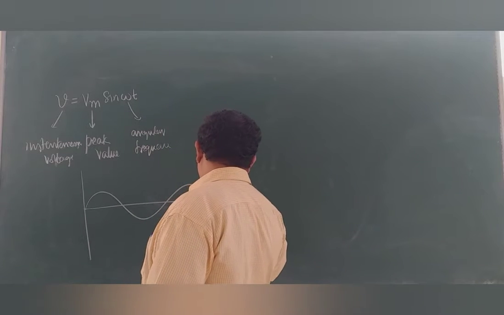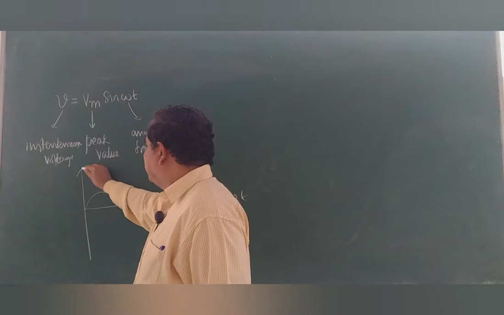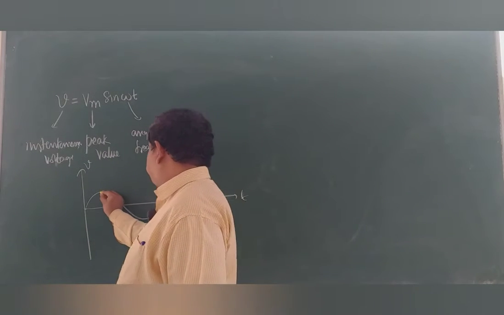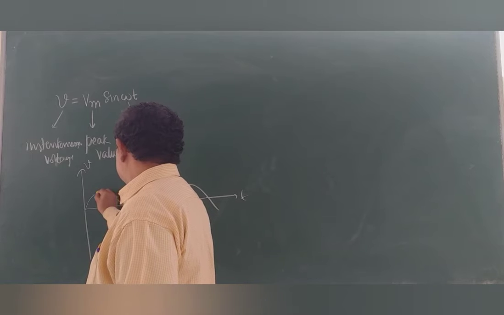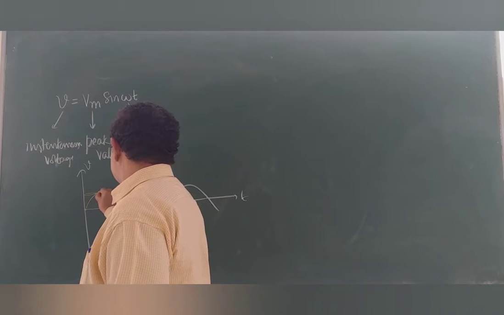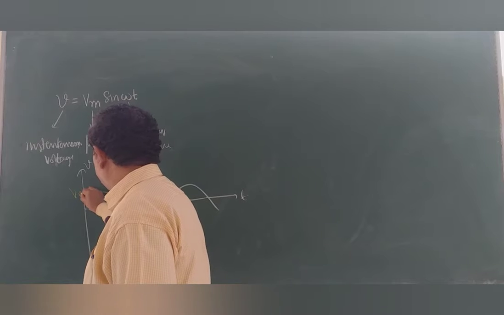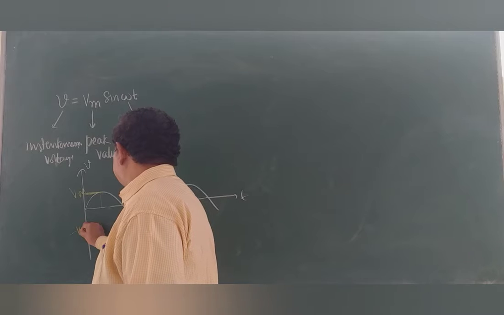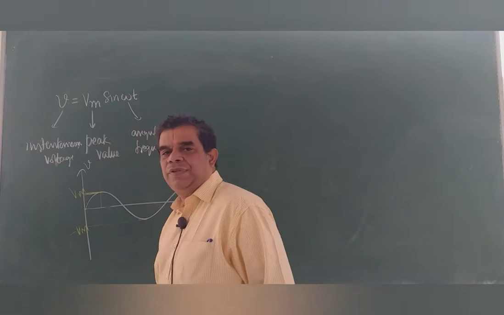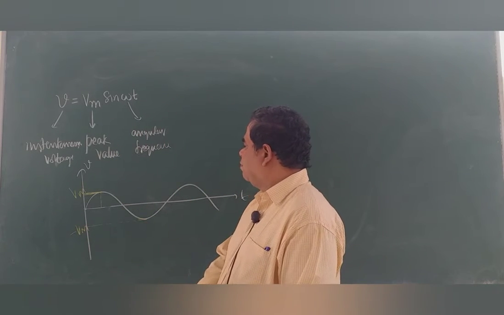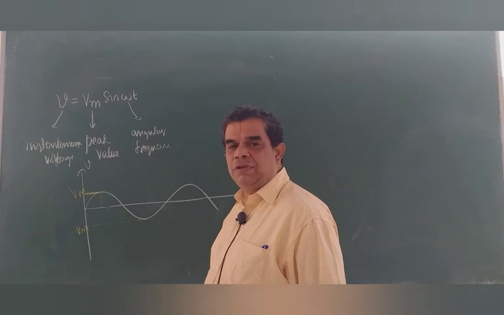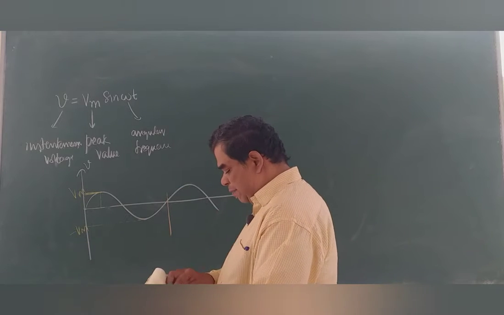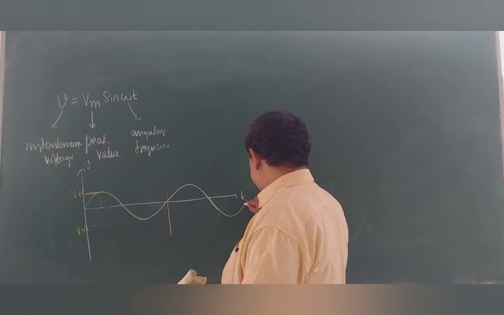This is the graph what we get with respect to t if we plot V. Then in this graph, this maximum value is what we call as Vm, and this minimum value is also the peak value, but it is on the negative side. That is peak value or maximum value. And also observe here, after this particular thing, everything repeats again like this.